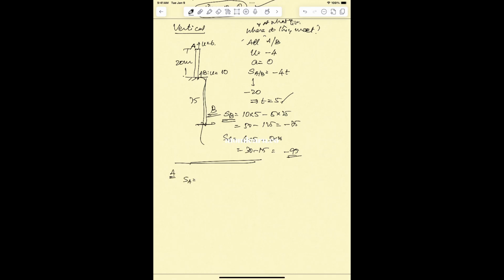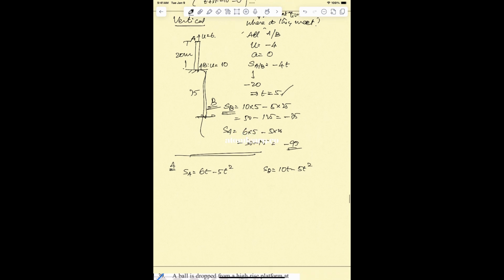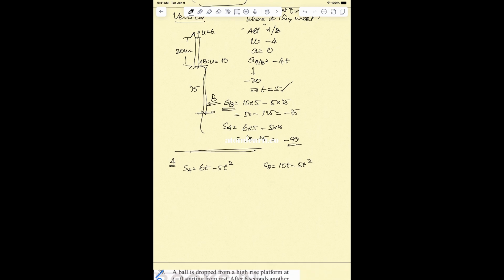S of A equal to ut, that is 6t minus 5t squared. Then S of B will be equal to, u is 10, therefore 10t minus the same 5t squared. Now what is the condition for meeting? SB is 20 meters below, therefore SB should be 20 plus whatever is SA, because both are upwards in our sign convention.